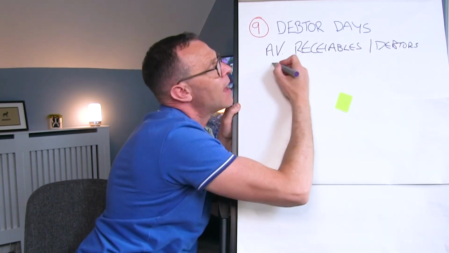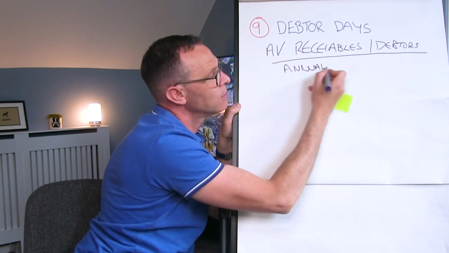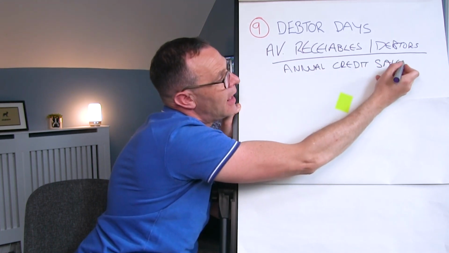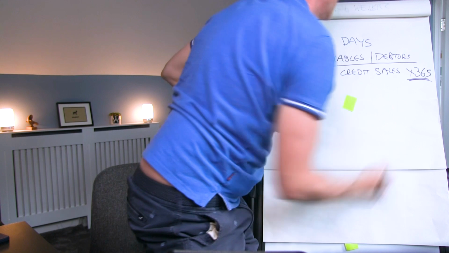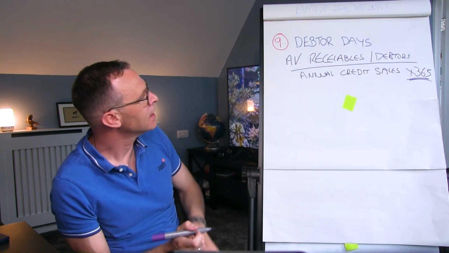And then you're going to divide that by your annual credit sales. And you're then going to turn it into days. I just have to stand up here, I'm getting old. Times it by 365. So that's the formula.